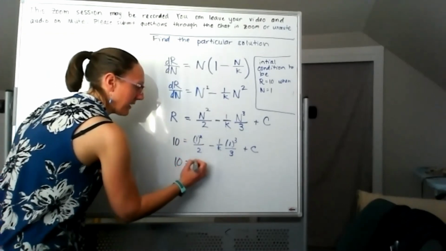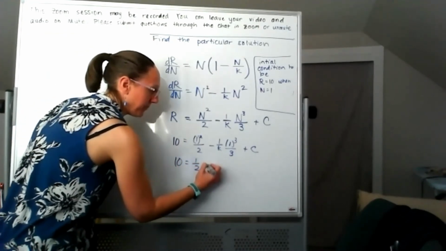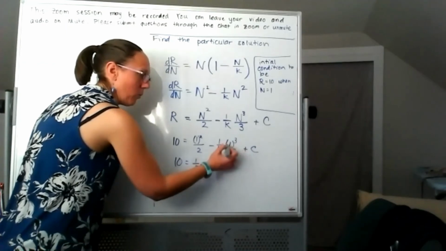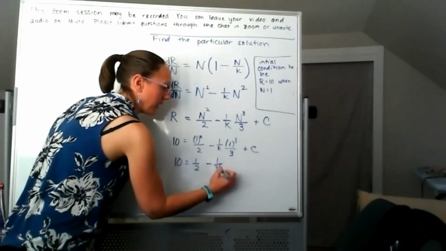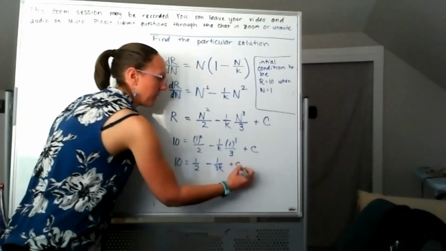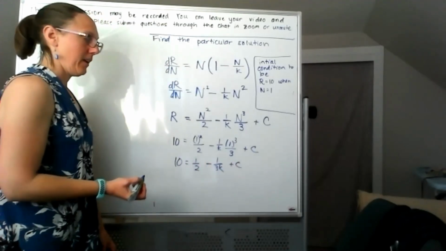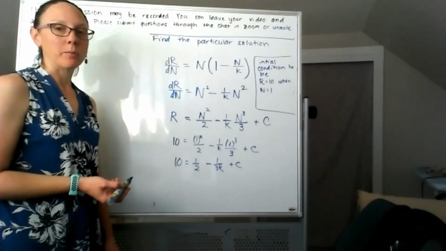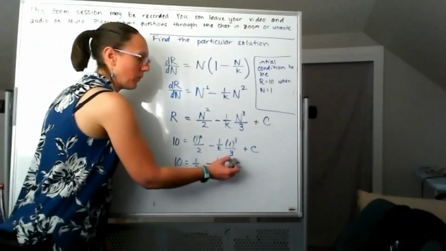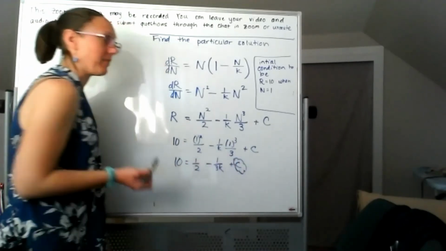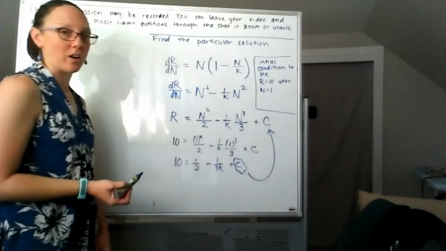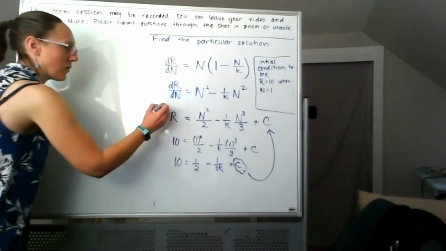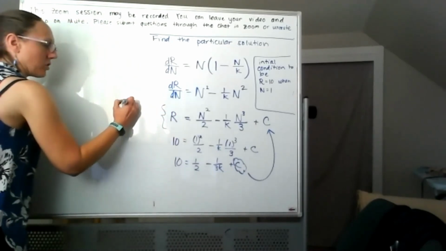So I've got 10 is equal to 1/2 minus 1 cubed again is 1, so that'll be 1 over 3k plus that constant. And the idea here when we're finding a particular solution is that we're trying to come up with a value of the constant to plug back in to our general solution. So this one right here would be our general solution.